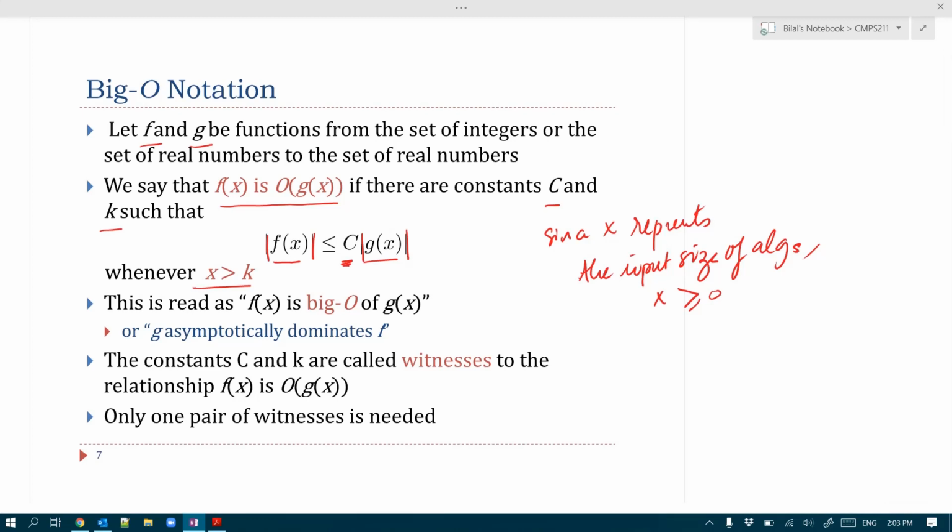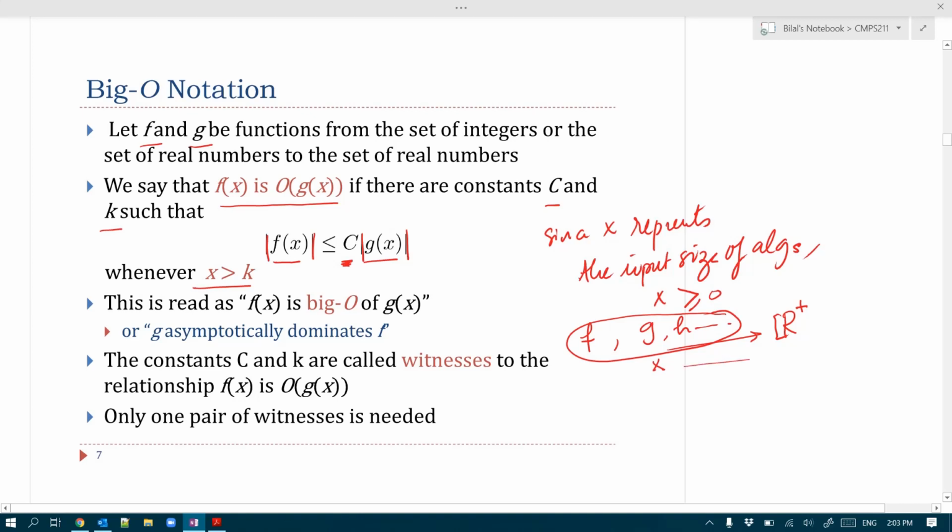And even the value of the functions f and g, h, whatever function we will talk about in this stack of slides, they will yield images in R plus because they represent the number of instructions that are executed given a certain input size x. So this means that the number of instructions is necessarily positive because it's impossible that you can solve a problem by executing -5 instructions, let's say.